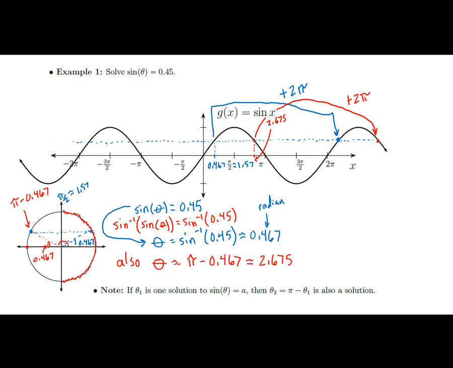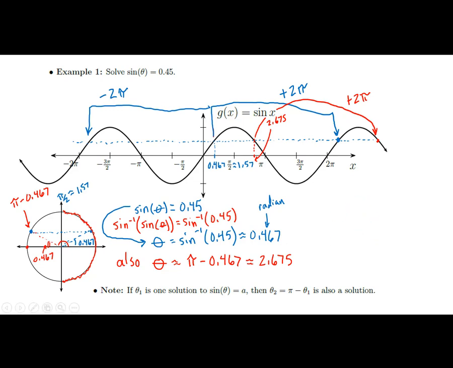And the same goes for subtracting 2 pi. If I take that original solution that I found and instead go back the other way, back to here, subtract 2 pi, then that's going to give me another solution. And of course looking at the unit circle, if I add 2 pi to any angle or I subtract 2 pi from any angle, I'm just going to end up in the same spot on the circle. So in fact, here's what our solutions really look like.